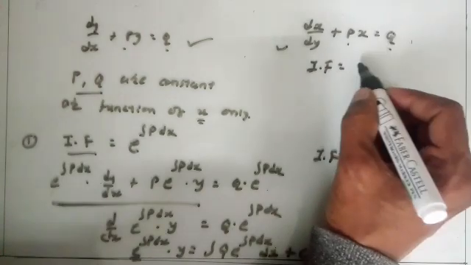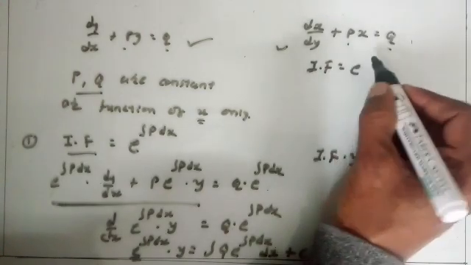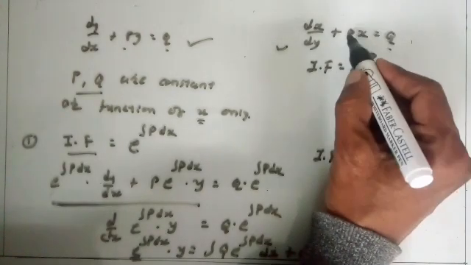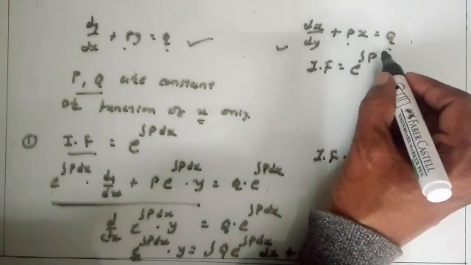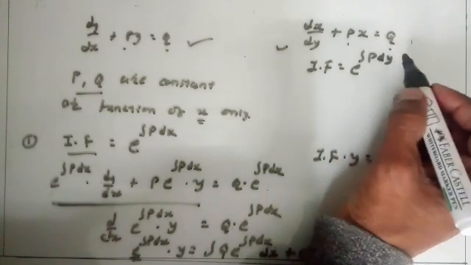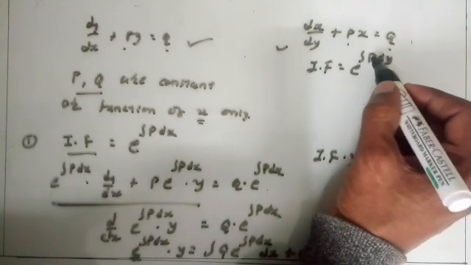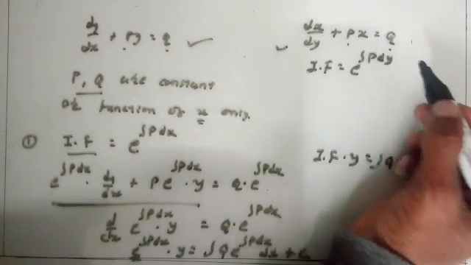integrating factor IF, which is equal to e raised to integration of p. Here p and q are functions of y, so take dy, that is, integration of p with respect to y.